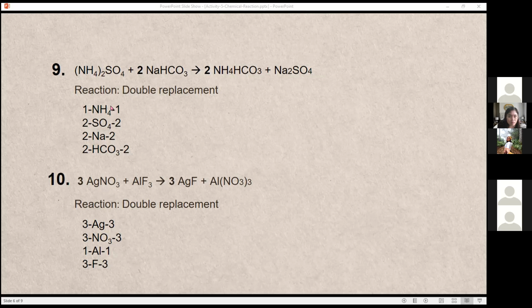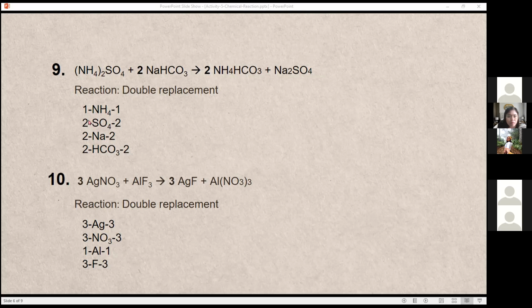So to balance this equation, we need to write the elements here. So for NH4, our reactant side is 1, and the product side is also 1. So okay na yung equation natin, so no need na siya ilagyan ng coefficient. So next is SO4.